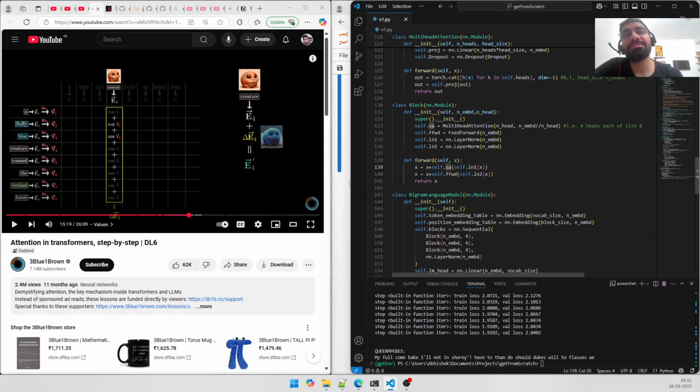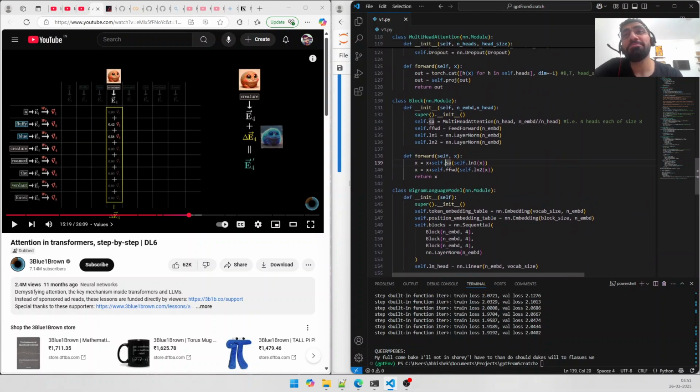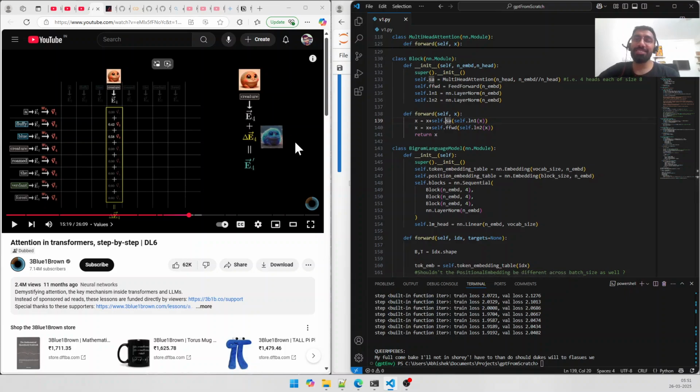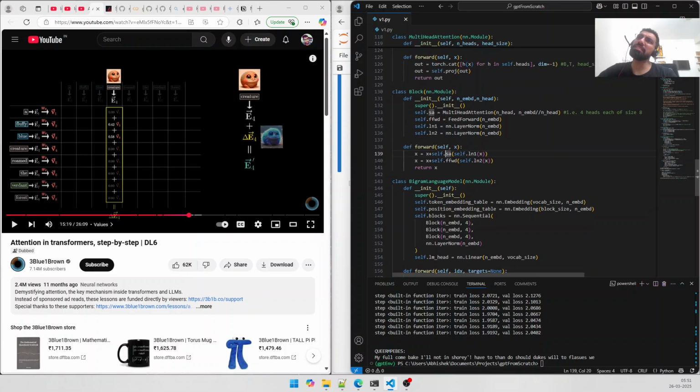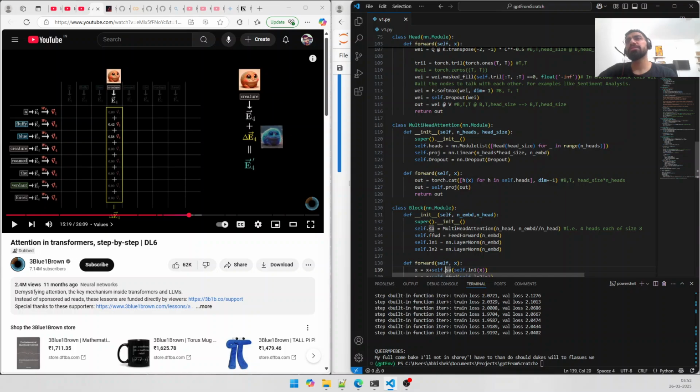Pretty interesting, huh? So this yellow piece, multi-headed, sorry, it's multi-headed now.